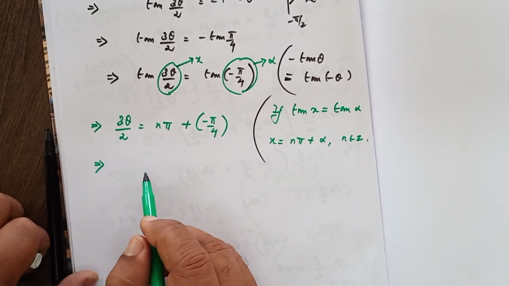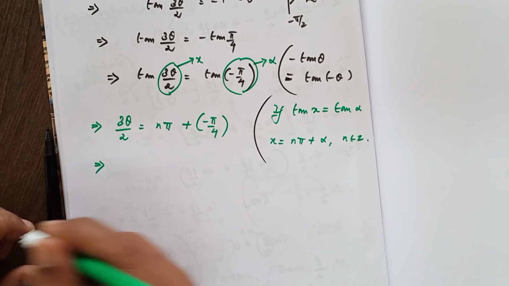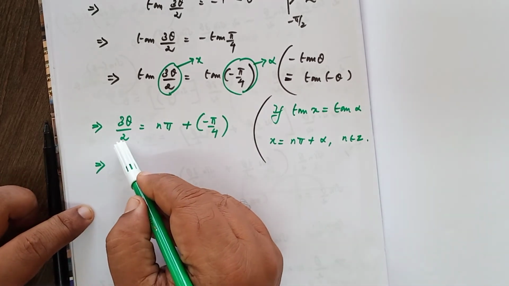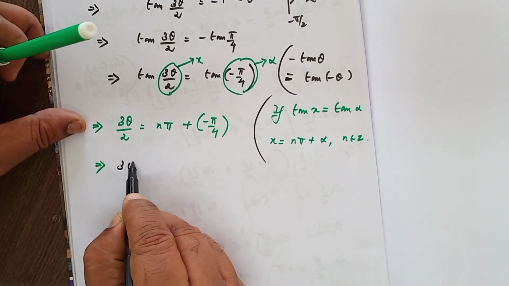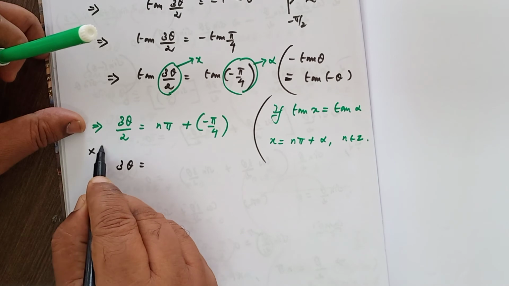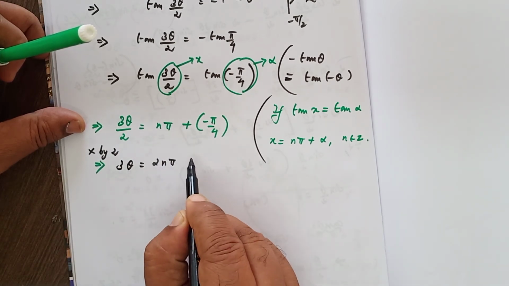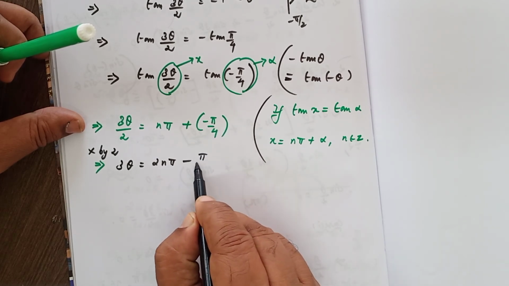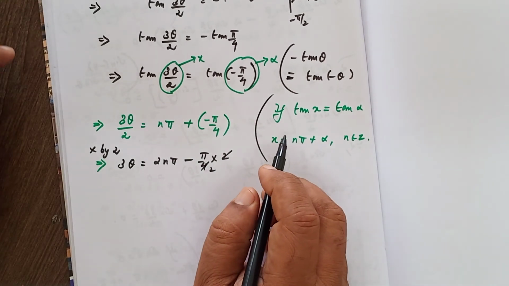We need theta only. So for getting theta, first you multiply by 2. If you multiply by 2, I am retaining 3 theta only here, multiplied by 2. 2 into n pi, 2 n pi, plus into minus minus. If you multiply it by 2, pi by 4 into 2, you will be getting 2 pi by 2.